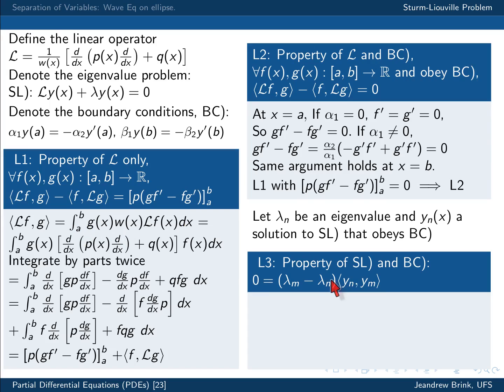Okay, so that proves orthogonality, and it's easy to prove that things are orthonormal because you just rescale an individual function so that the inner product of yn with itself is equal to 1.